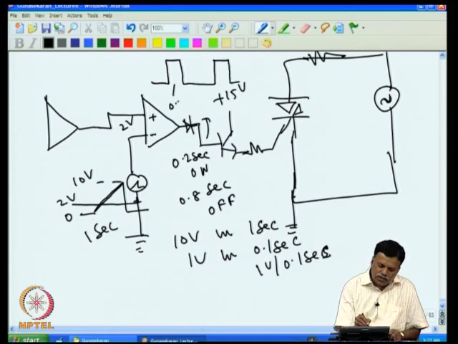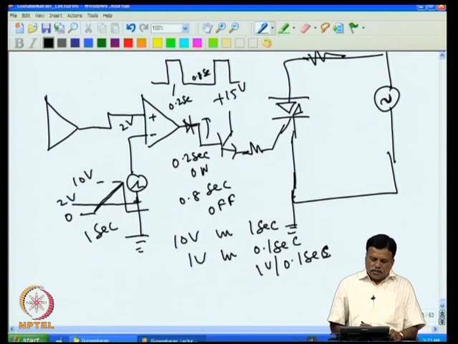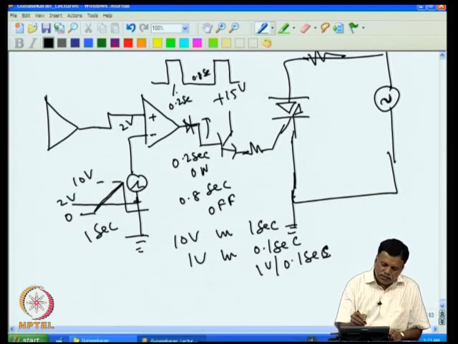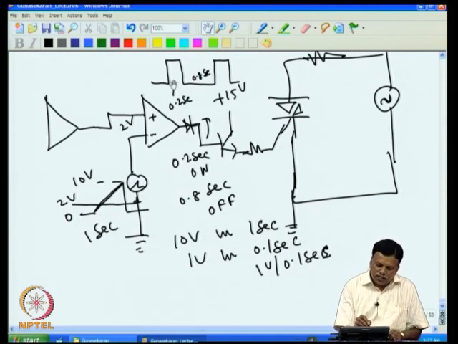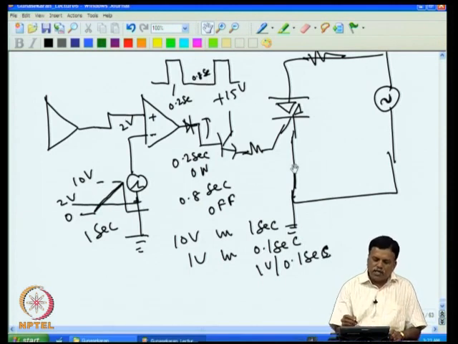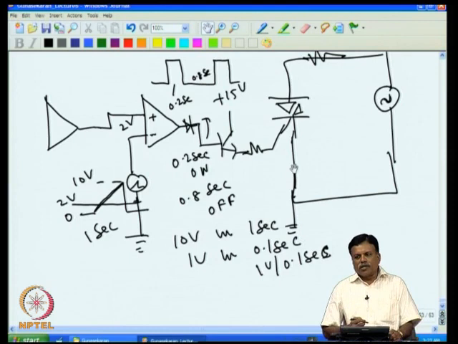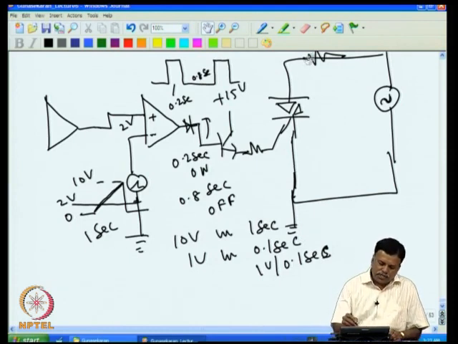If this voltage goes to 3 volt, it will be on for 0.3 second, off for 0.7 second. If it is 5 volt, it will be on for 0.5 second, off for 0.5 second. As the voltage increases, more time it will be on and less time off. That way the power flowing is proportional to the error voltage.